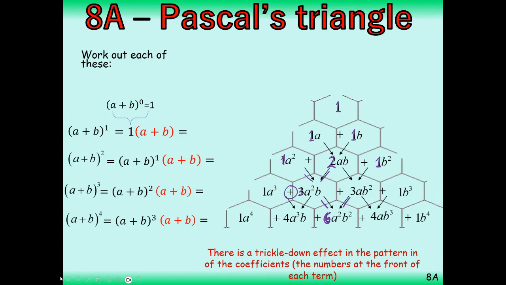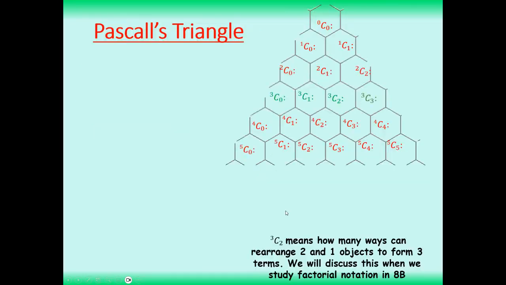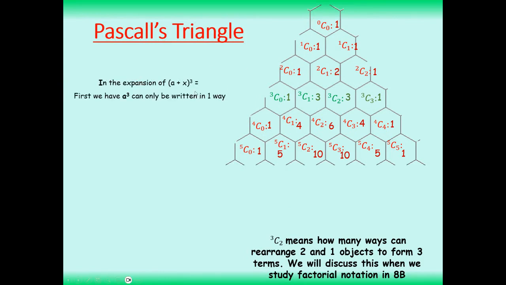All right, so in the next section we just have to use the Pascal's triangle to evaluate these expansions of brackets. I must say it is not the only way. You don't have to draw Pascal's triangle, but it's just showing you how it's done. So for example, let's say we already evaluated the Pascal's triangle here and we want to expand a plus x cubed.